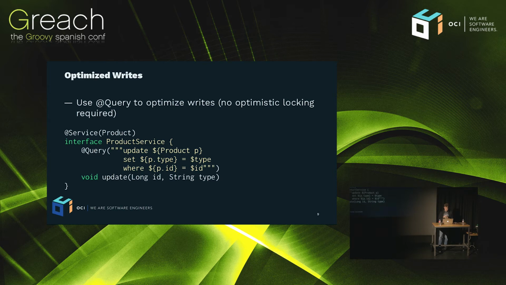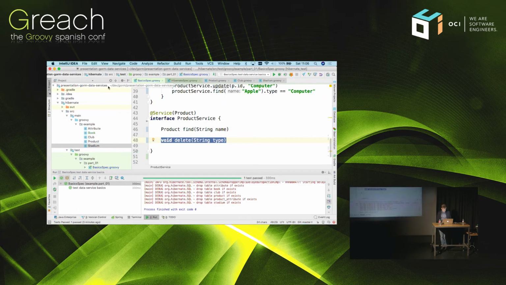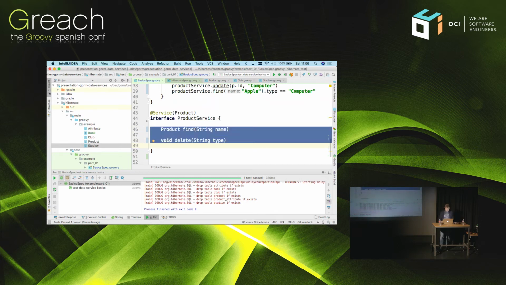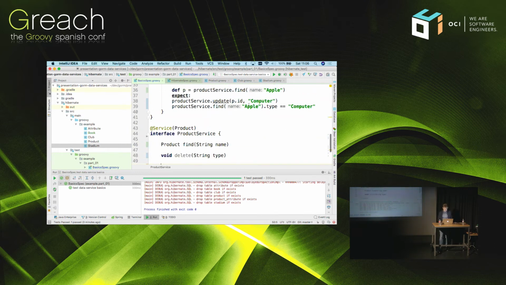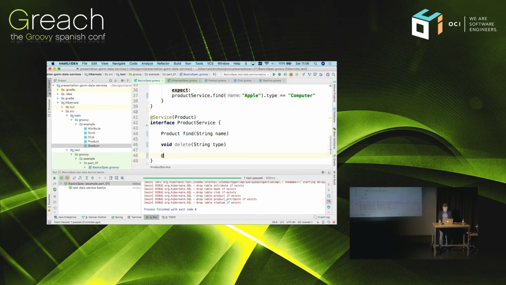And the only issue is that, like I said, historically you've lost a lot of the benefits in terms of type safety and potential SQL injection attacks. So one of the really cool features of data services is that you can use @Query and specify a JPAQL query.